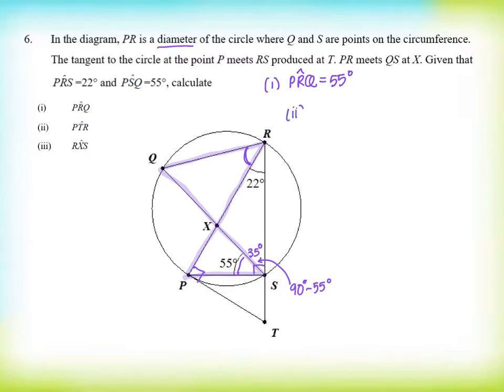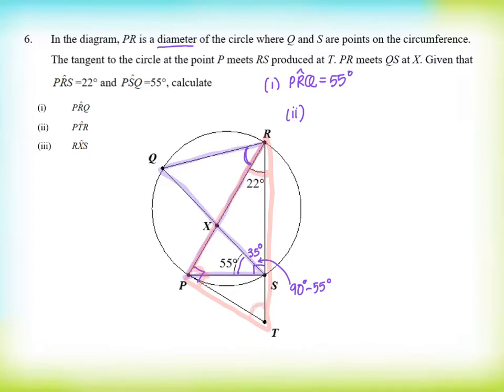Number 2, find the angle PTR. What do we notice? Which triangle has angle PTR? Well, this triangle PTR over here. We know that this is 90 degrees, this is 22 degrees.